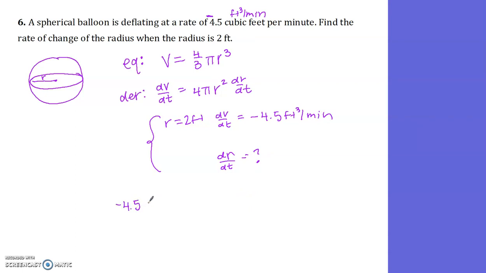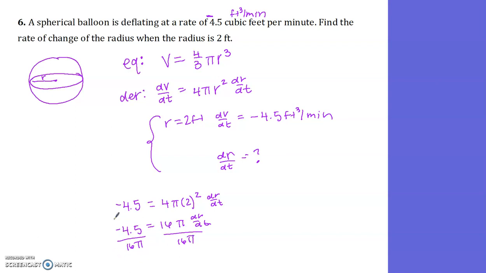So that'll be -0.45 equals 4 pi times 2 squared dr/dt. So 2 squared is 4, times 4 is 16. So that'll be negative 0.45 equals 16 pi dr/dt. Then just divide by the 16 pi.